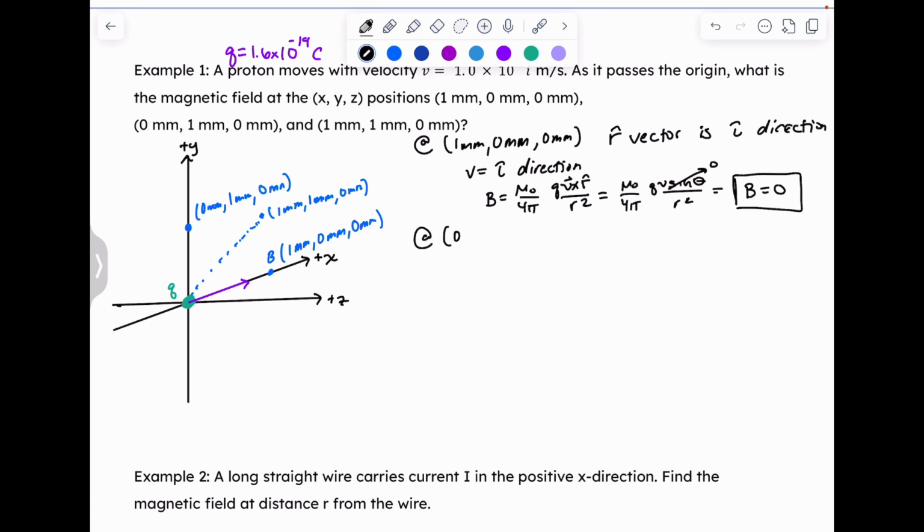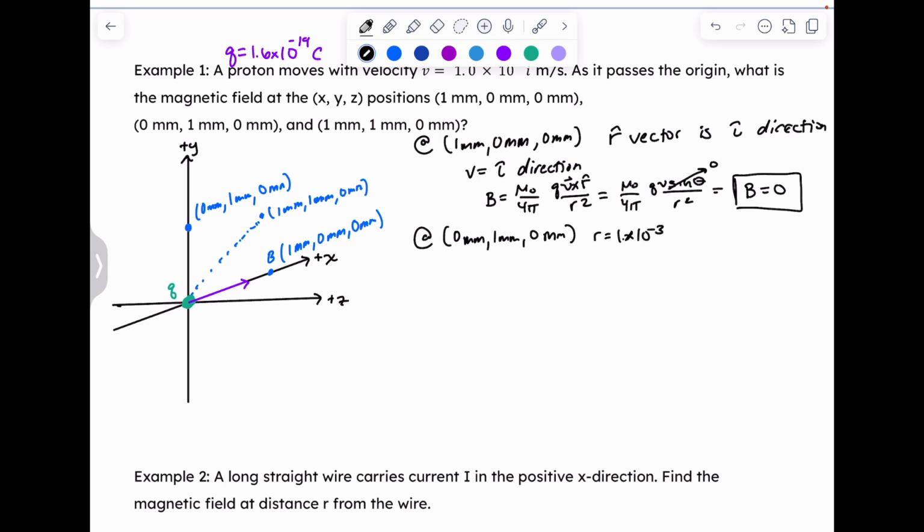At the point 0, 1, 0, my r is 1 times 10 to the negative 3, because it's 1 millimeter.